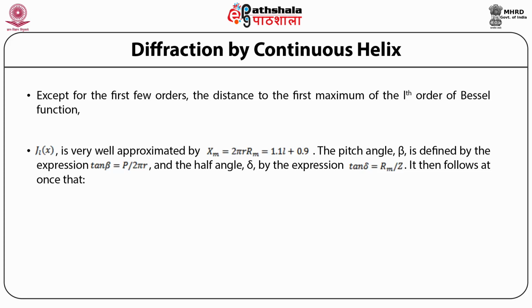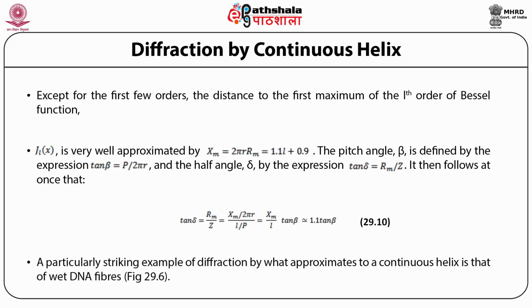The pitch angle beta is defined by the expression tan beta equals P over 2 pi r, and the half angle delta by the expression tan delta equals R_m over Z. It then follows at once that tan delta simply becomes x_m over l times tan beta, which is nearly 1.1 times tan beta, as given by equation 29.10.